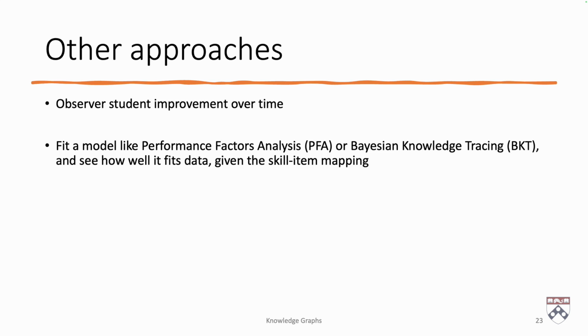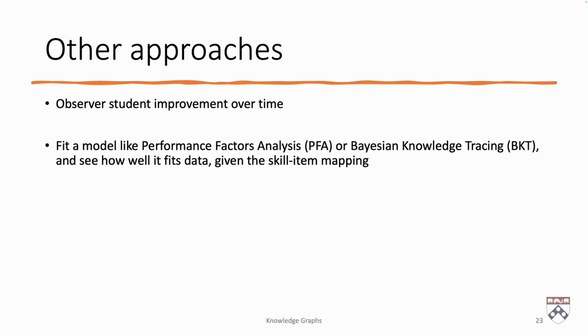You could also choose to fit models like performance factors analysis, to which I've linked a video in this module. There's also Bayesian knowledge tracing that will be discussed later on. And depending on how the skill to item mapping fits the data, we can determine whether the Q-matrix or skill item mapping is good or not, right?